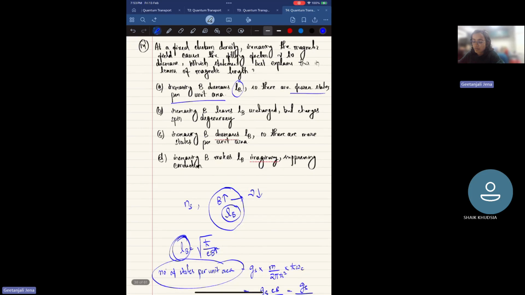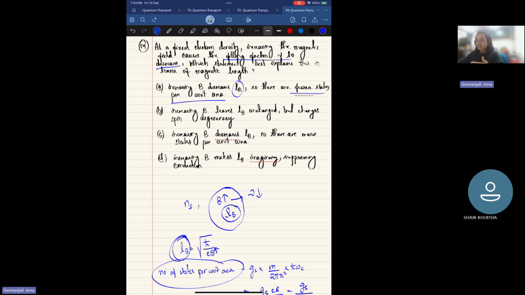Or you can guess what will happen to the number of states from the filling factor, because now the filling factor is decreasing. And if you recall, when the filling factor decreases and when we increase the B, the degeneracy of the energy state in the k space will increase. That means more states will now occupy the lower energy level.